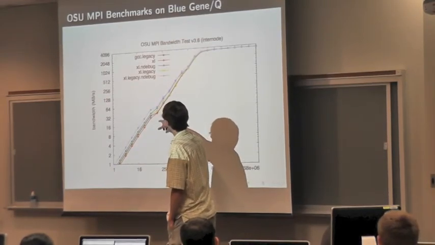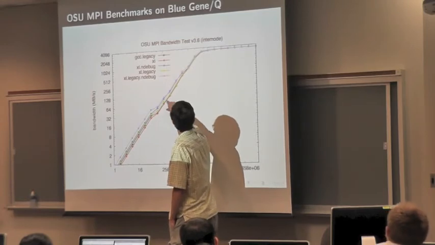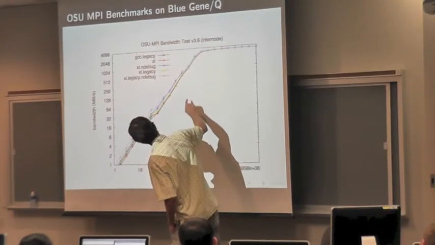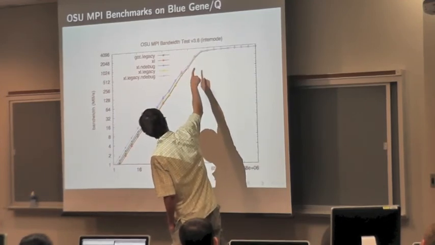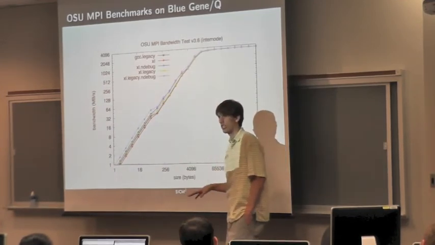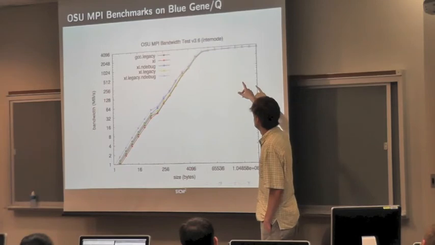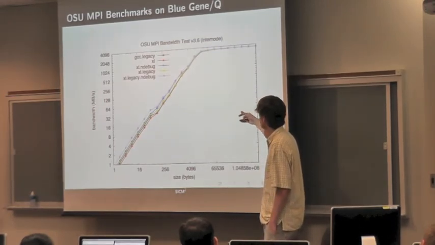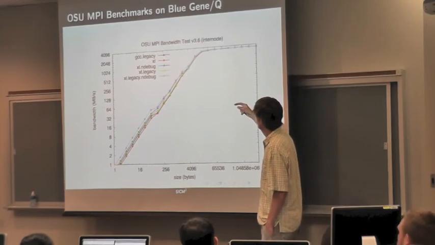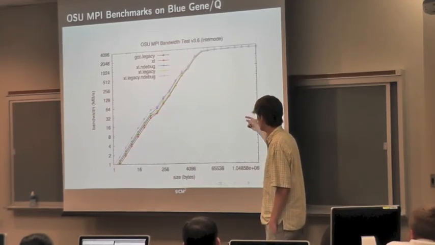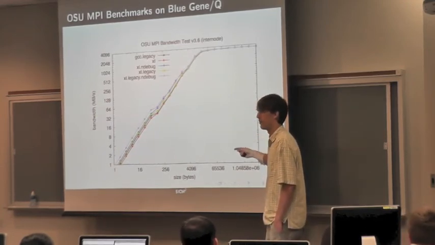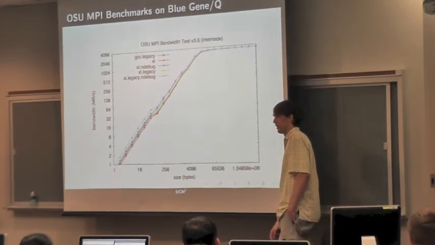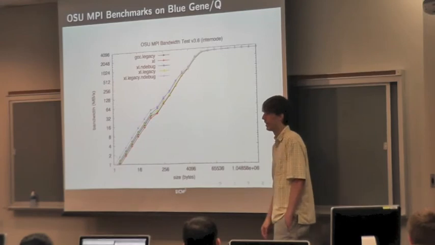I think this is sending multiple messages as far as I know, and then it keeps going, and then it turns over at 8 or 16 kilobytes. This is intranode, or internode. This is bidirectional actually. This is hitting peak bandwidth at about 8K. That's somewhat anomalous. I don't think most networks hit peak bandwidth at 8K.